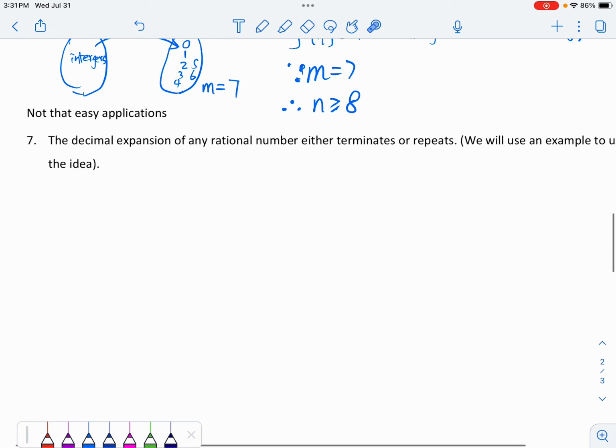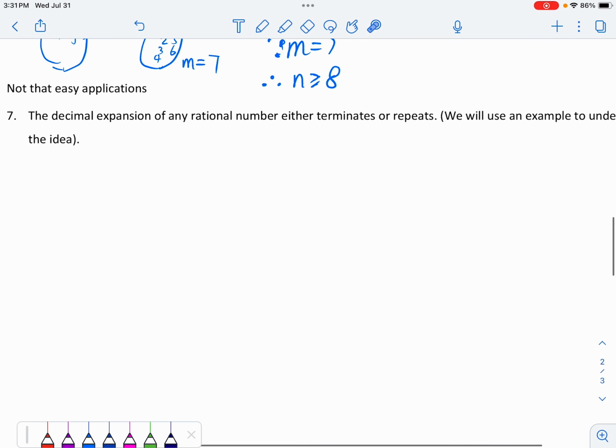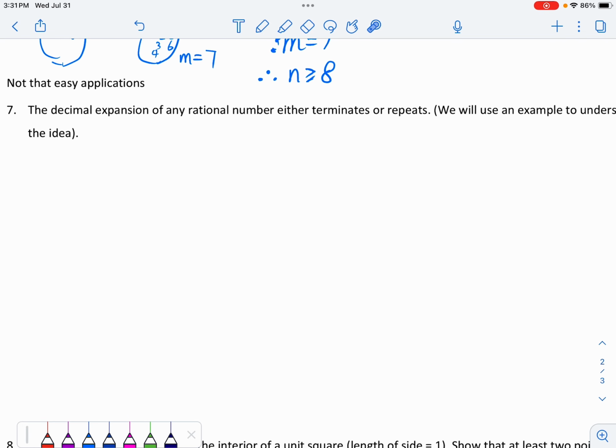Now let's take a look at a couple more examples. These are interesting examples. The first one is: the decimal expansion of any rational number either terminates or repeats. Rational number means a fraction of two integers, right?